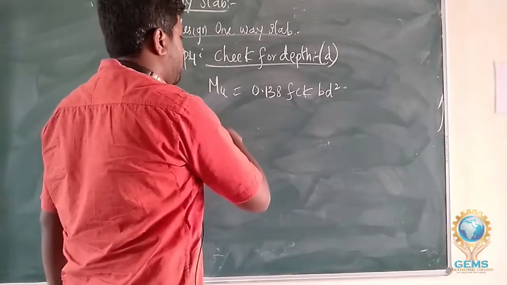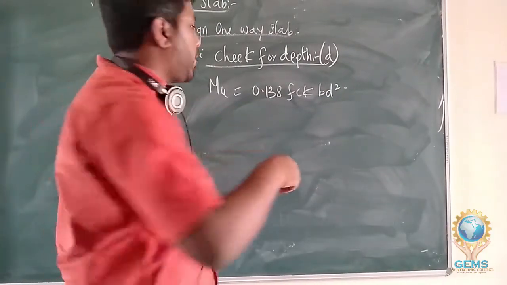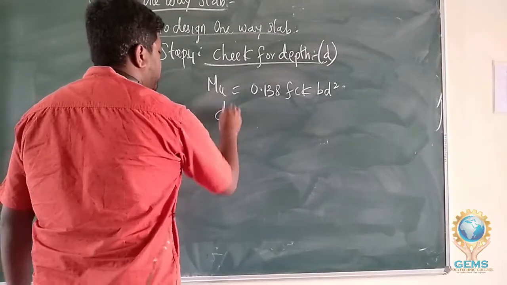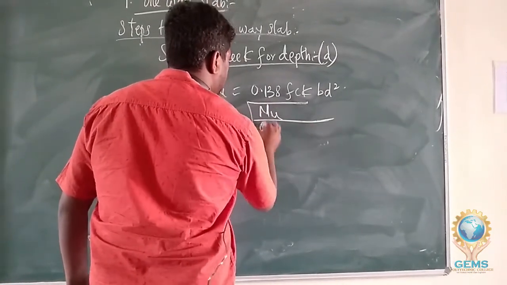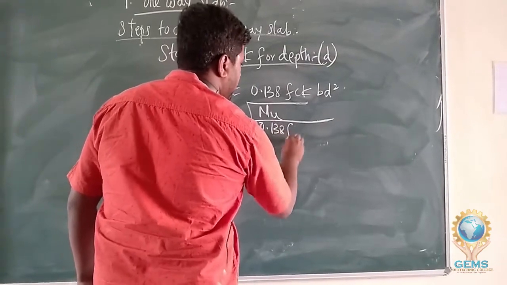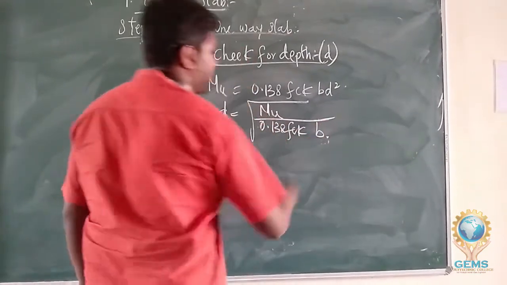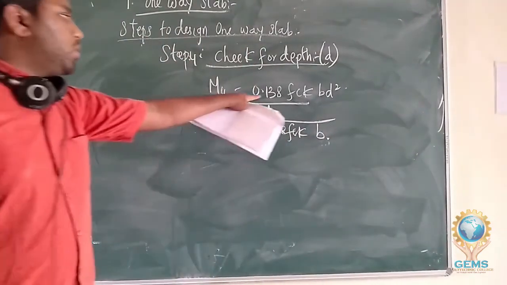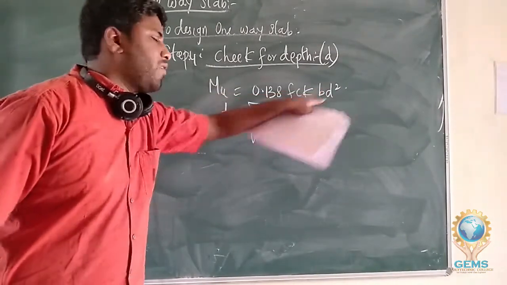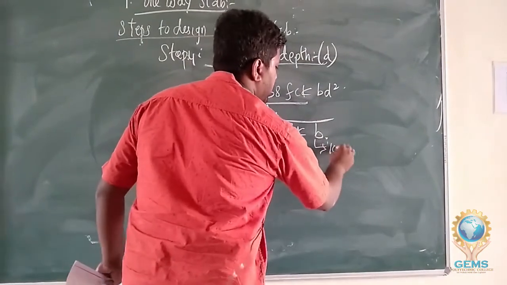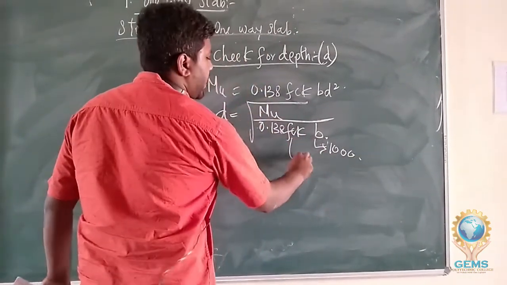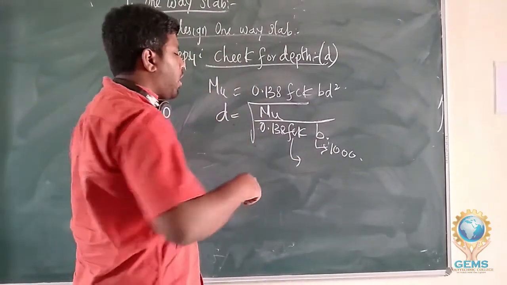You are studying this in your singly reinforced section. So how do you find the effective depth? That is d is equal to root of MU divided by 0.138 fck into b. You will take all these things inside, so the square will become a root. This b is always 1000 as I already told you. fck is nothing but the grade of concrete.